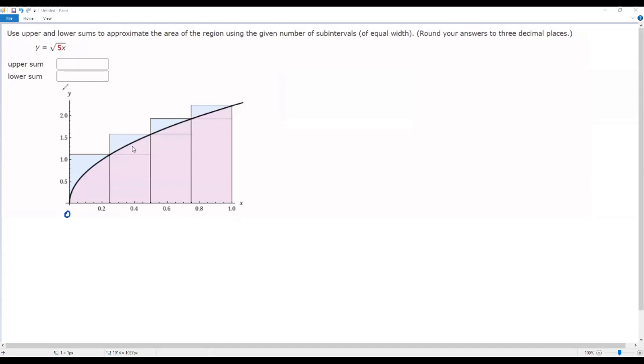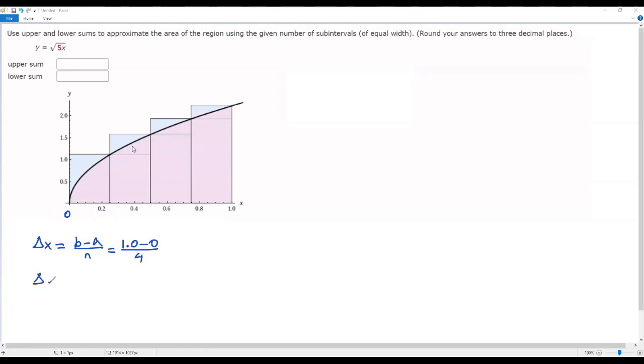Okay, so for that we have to find the width of each subinterval, that is the width of each rectangle over here. There is a formula: delta x equals (b minus a) over n. Here b is the end value of x, a is the start value of x, and n is the number of rectangles. The ending value of x is 1.0 and the starting value is 0, divided by the number of rectangles, which is 4.